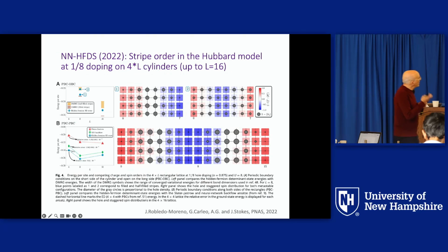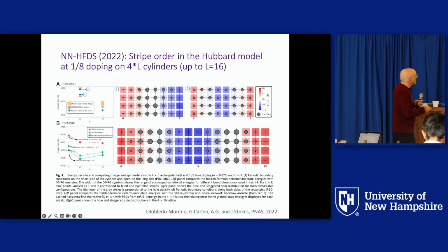This is one of the early results we got in this 2022 paper, that was stripe order in the Hubbard model at 1/8 doping on a 4 times L cylinder. This is here L equals 16. With the older implementation of hidden fermions, it was hard to do much more than about 100 sites maybe.